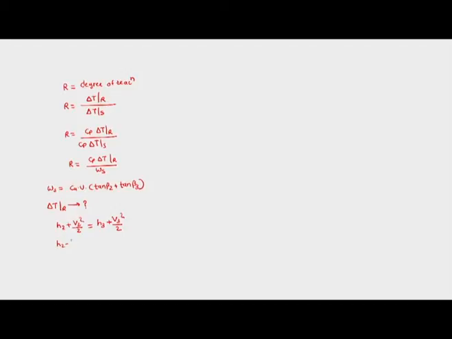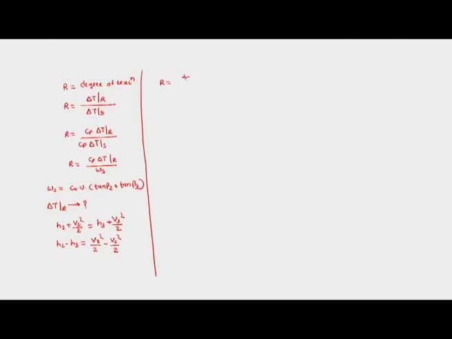So we have H2 minus H3 is equal to V3 square by 2 minus V2 square by 2. This expression we can use to find out R.